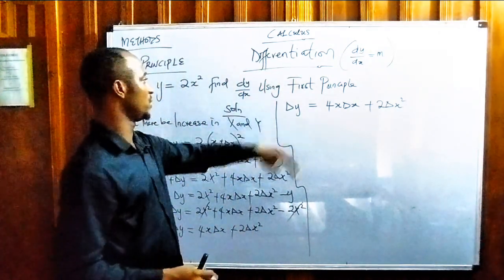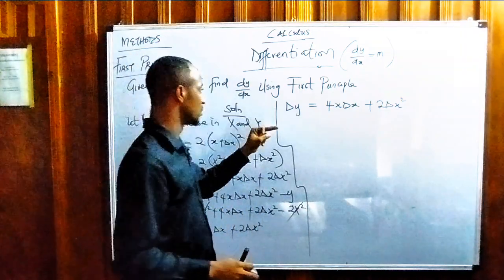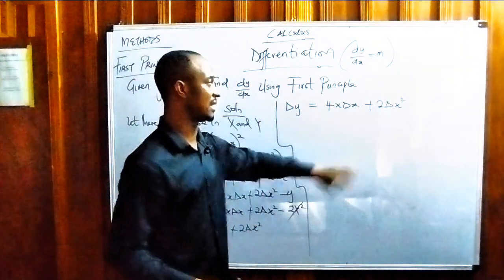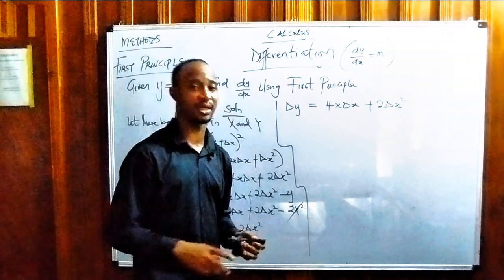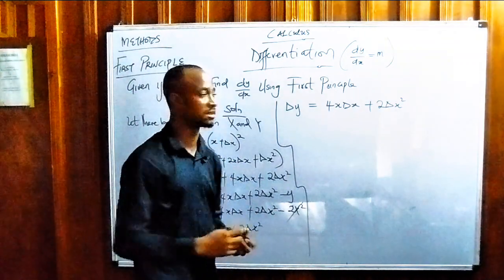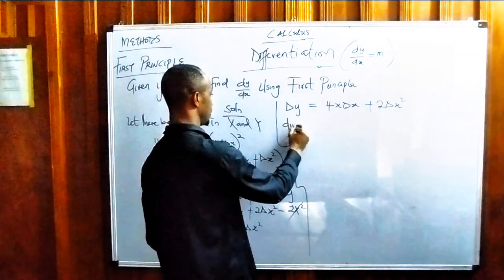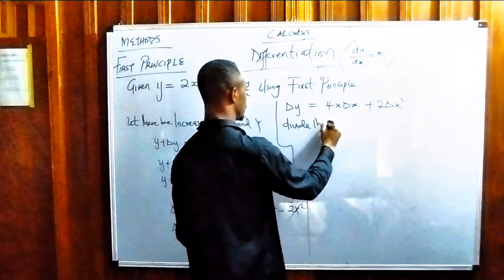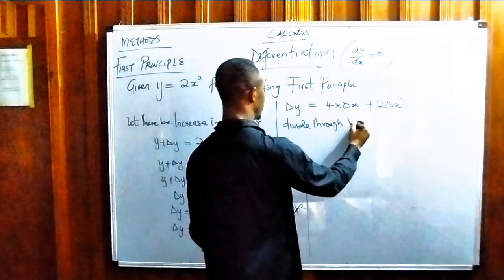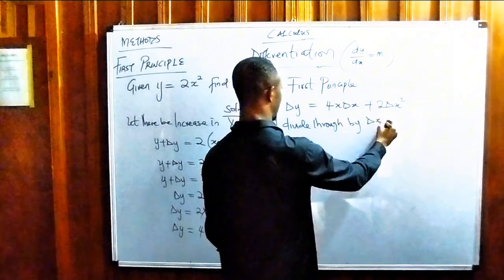Now, the next thing we need to do here is to divide both sides by delta x, because our aim is to generate delta y over delta x. So I will say divide through by delta x.